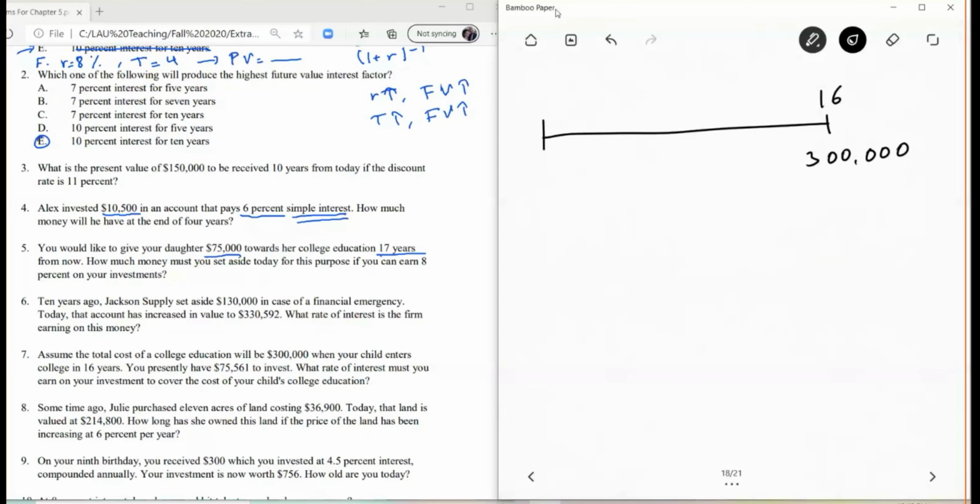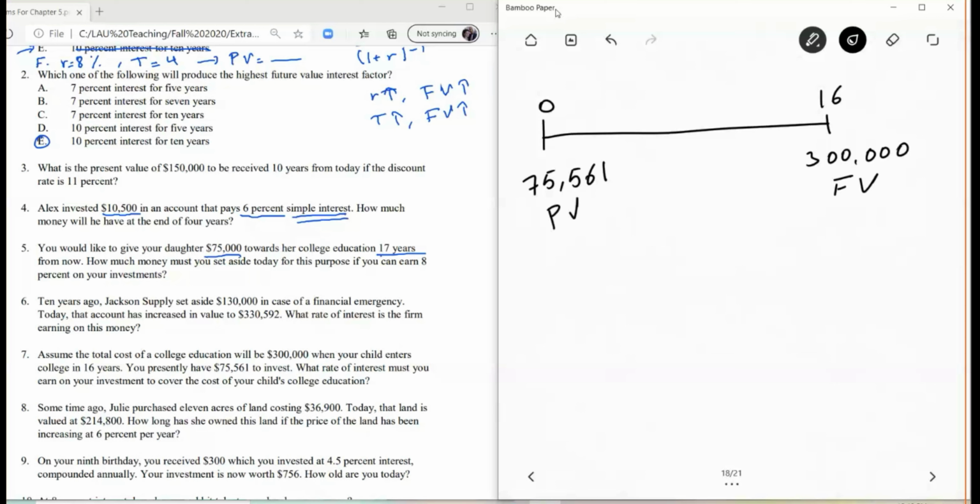You presently have 75,561. So this is at time t equals 0, this is PV and this is FV. What rate of interest must you earn on your investment to cover the cost of your child's college education?